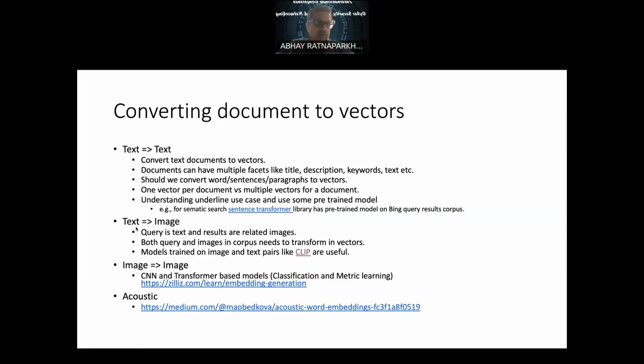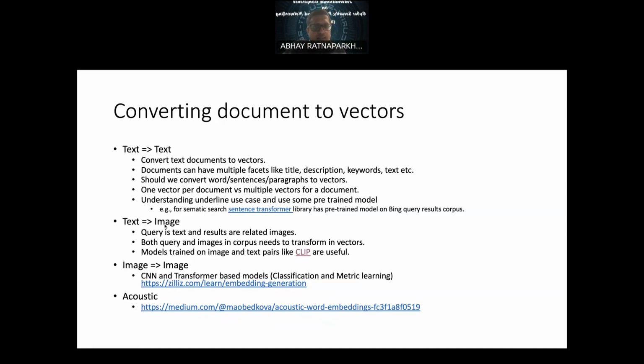The same thing if your query is text and your output is image. That's one common thing in image search. When you search the image by using the text, the web search engine has that option.